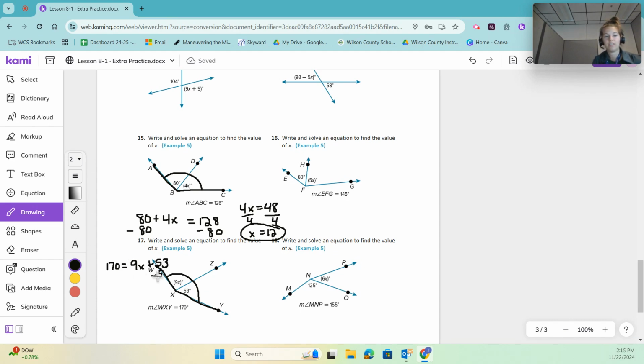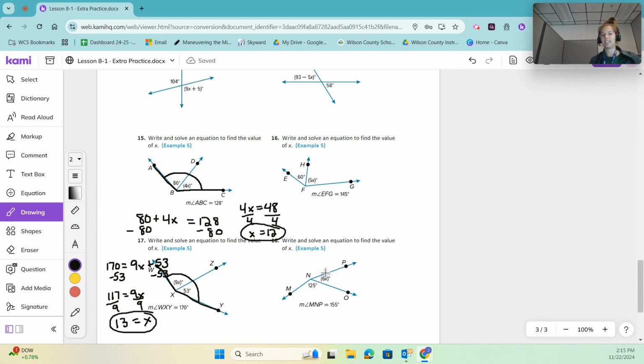Subtract 53 from both sides. I get 117 equals 9x. Divide by 9 on both sides, and 13 equals x.